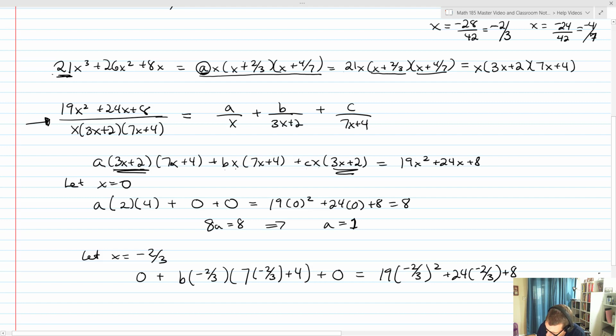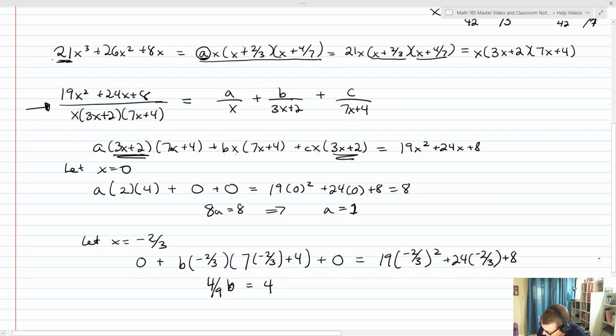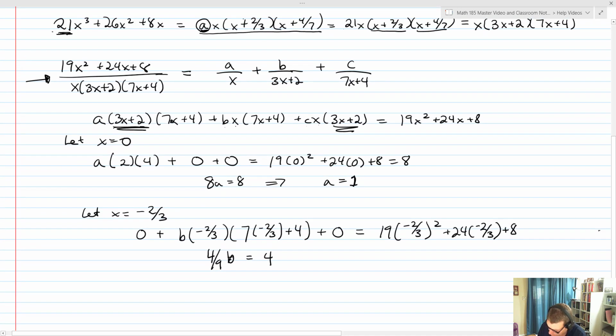This gives me 4/9 b equals 4. There's a little bit of work with fractions, but it'll be 4/9 b equals 4. So b will equal 4 times 9 over 4, which equals 9. So b equals 9. That's our second term. Notice how much easier this is than setting up a system of equations and then doing some kind of elimination.